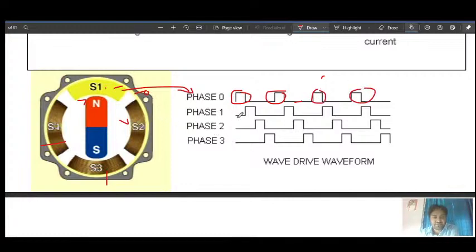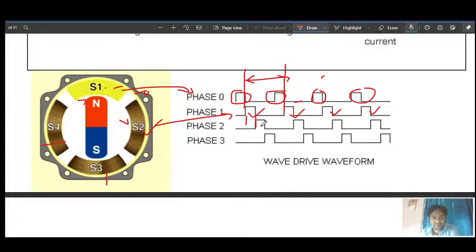Then the next phase, this signal, this pole is activated. This one is the interval, or period, you can say.